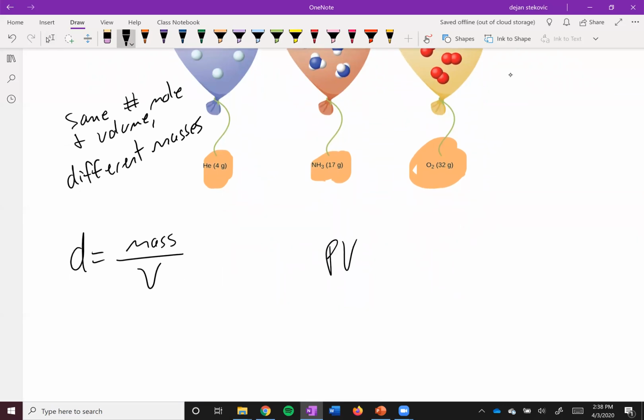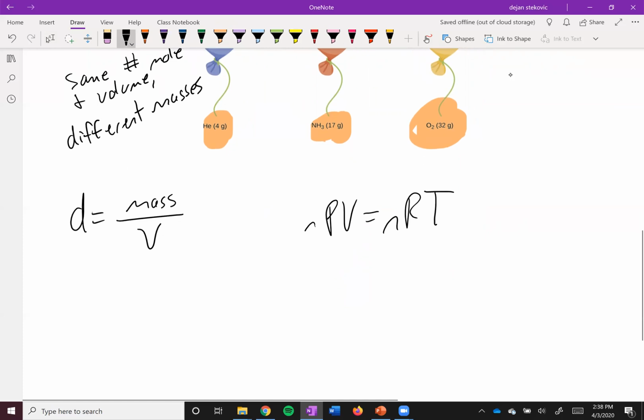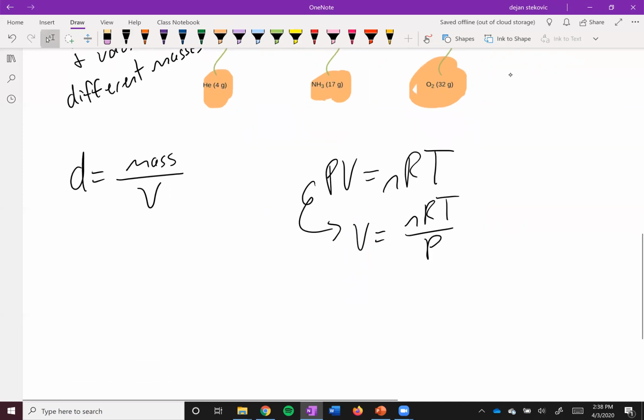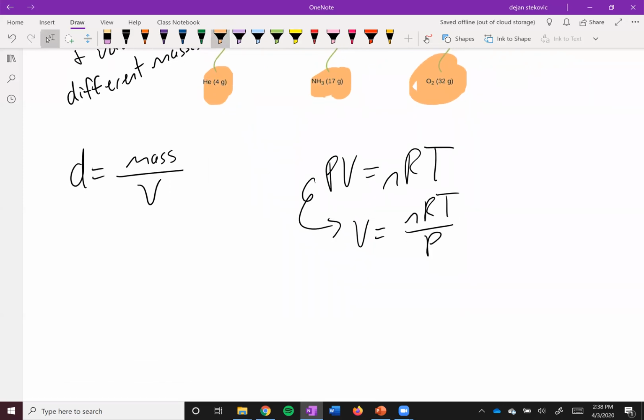And they're all ideal gases, so we say PV equals nRT is true. And so then you can reorganize this equation, V equals nRT over P. And then you can take this value here, where V, and plug it into there, right?